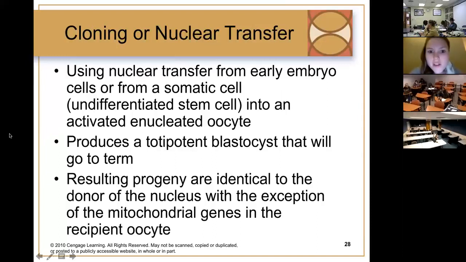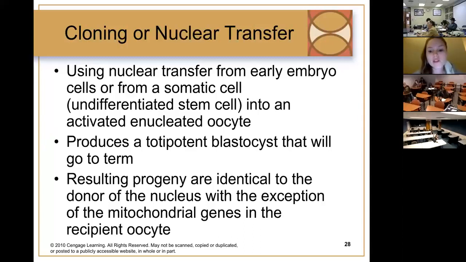We talked a little bit about this before with cloning, because we talked about Dolly, the first cloned sheep, the first cloned mammal. So you might be a little familiar with cloning. Cloning, or nuclear transfer, is basically using nuclear transfer from an early embryo or undifferentiated cell into an activated oocyte, which is basically just an egg.